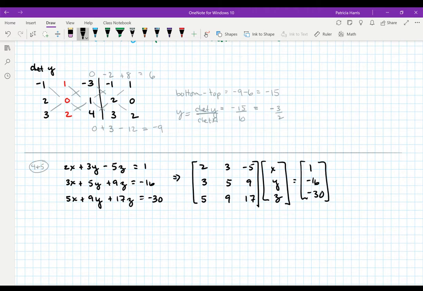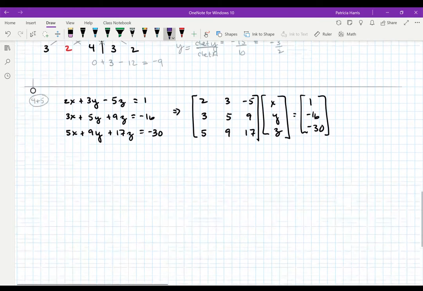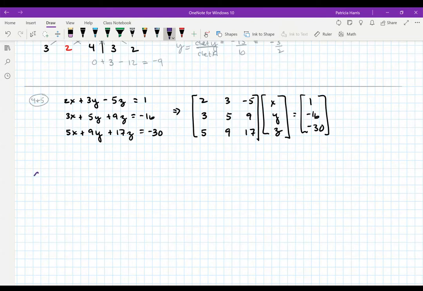Okay, so we're going to first find the determinant of our original. Rewrite the first two columns.